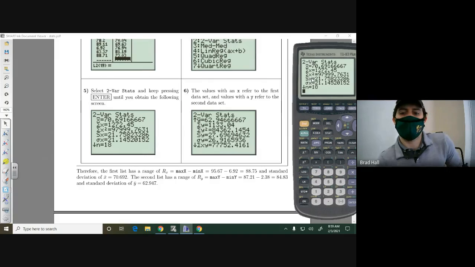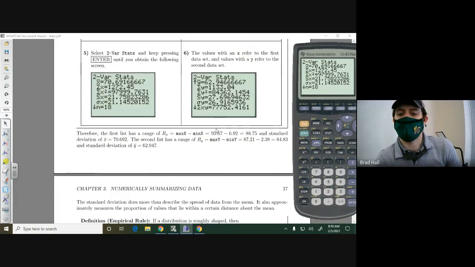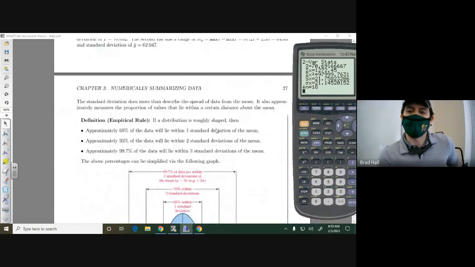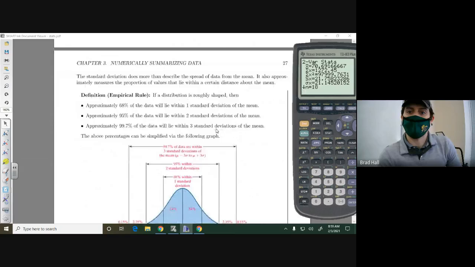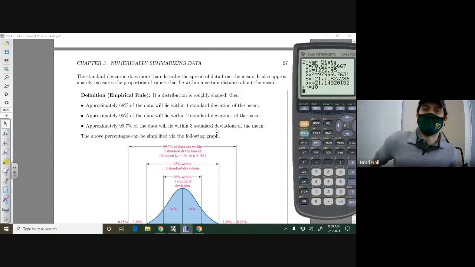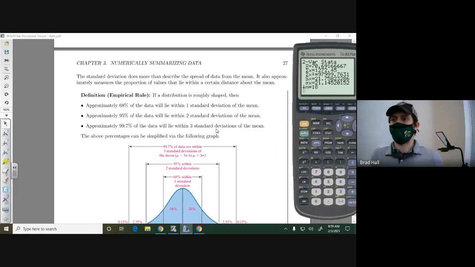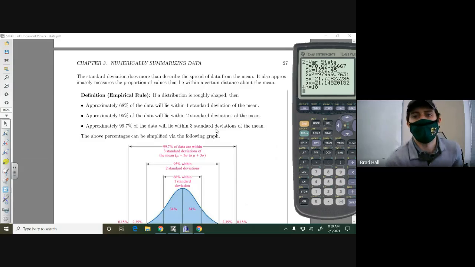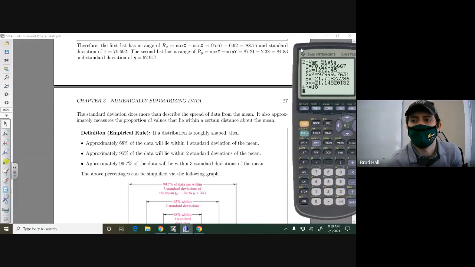If not, we're going to look at something I alluded to earlier. Now we're going to actually describe what the standard deviation is telling us, because on first glance, the standard deviation is just some number. But what does that number mean?